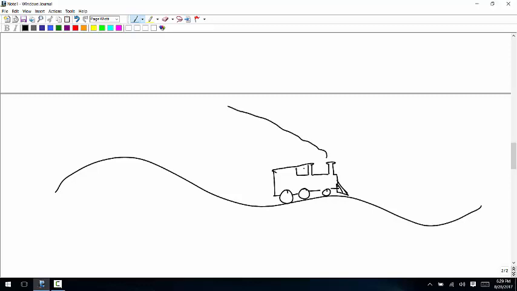Okay. So let's say that we're doing all of our length measurements in meters. So we already have a distance defined. Meters are already, we know what a meter is. But how do we figure out the location of this train at this instant?